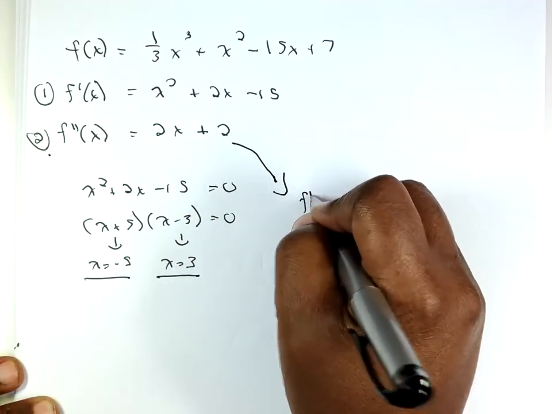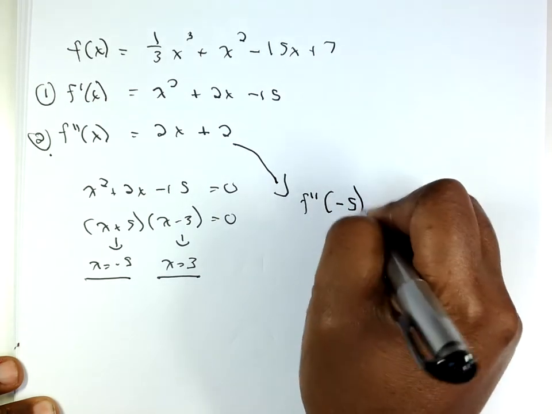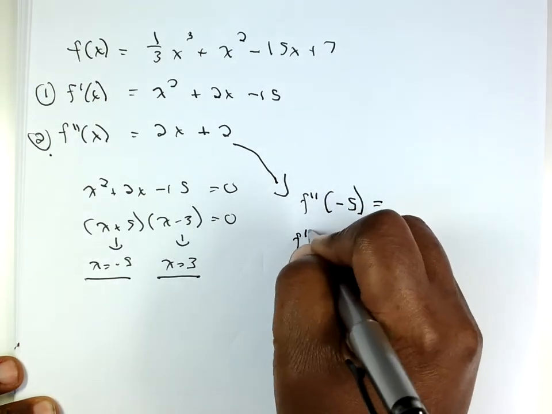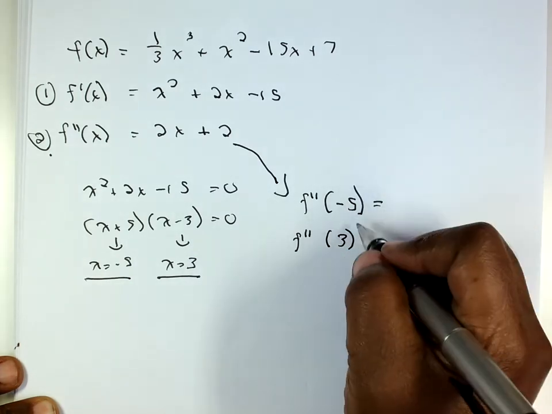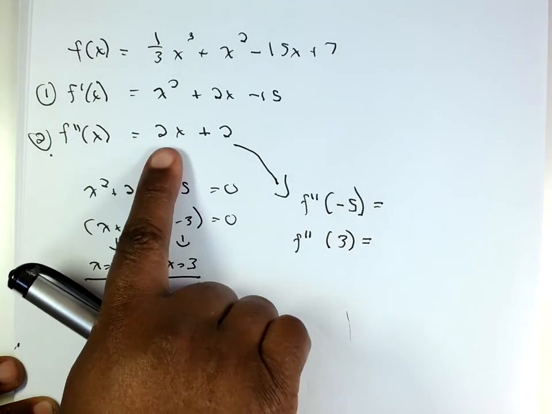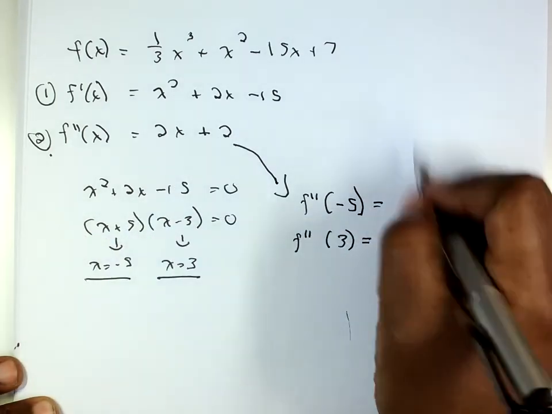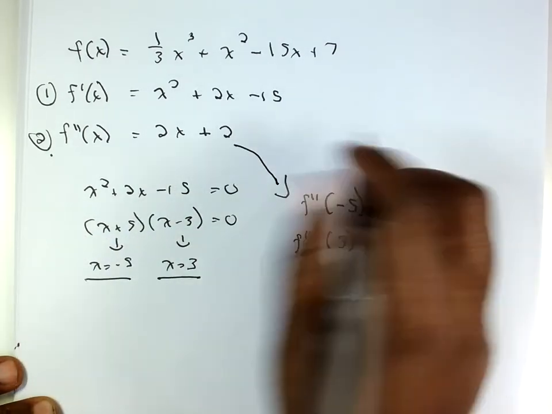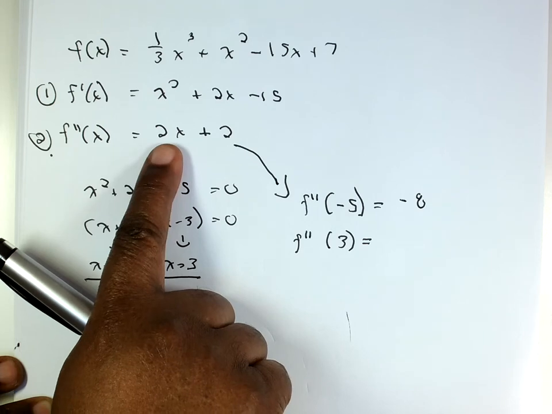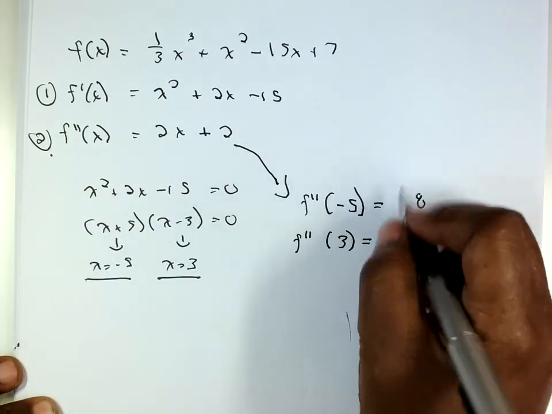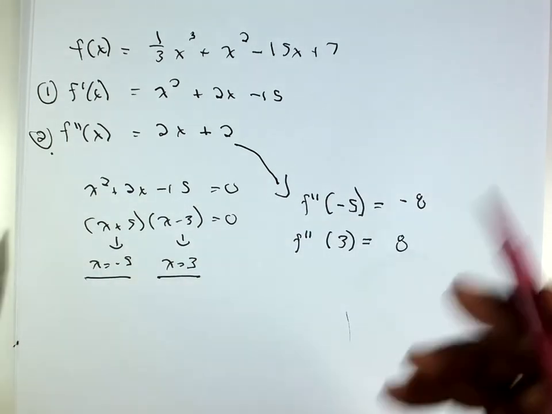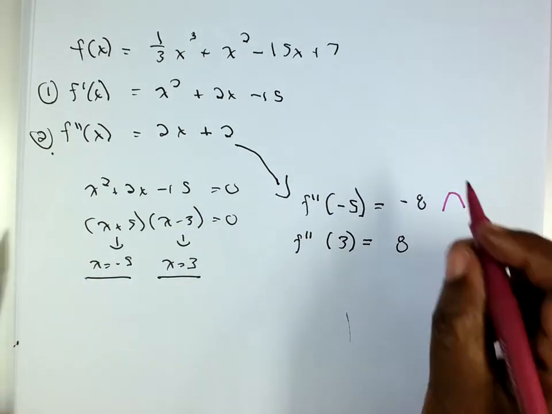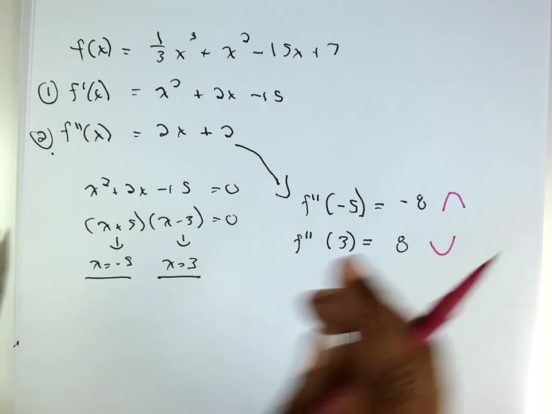So I want to do f double prime of -5 and f double prime of 3. So when I plug in -5 into the second derivative, I get -10 plus 2 is a -8. When I plug in 3, I get 3 times 2 is 6 plus 2, which is a +8. So it was concave down at -5 and concave up at 3.